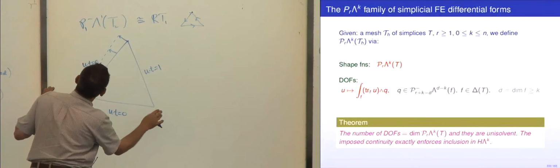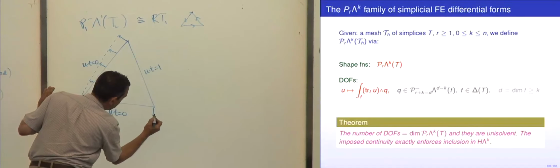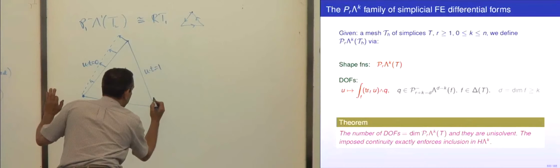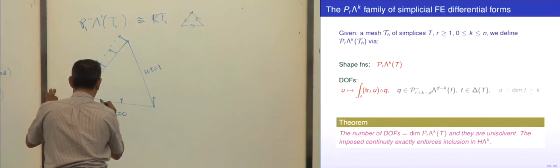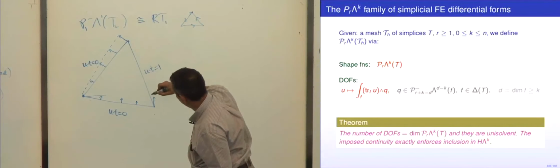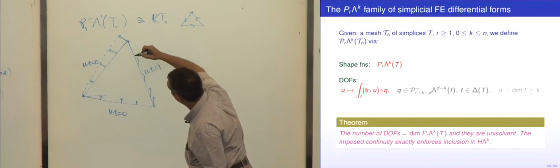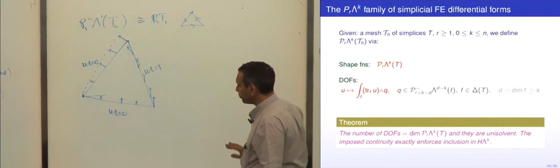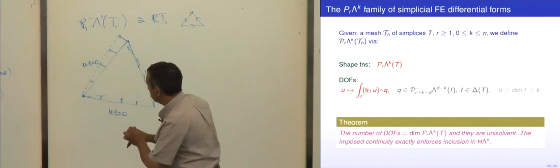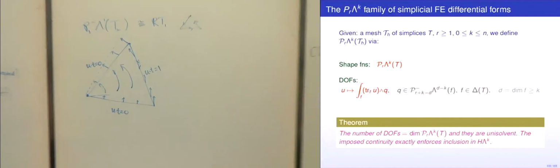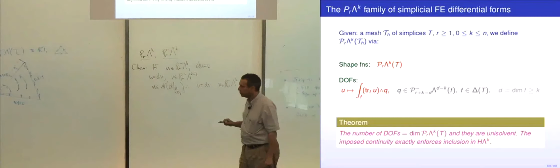It has to be normal on this edge, so it has to be something like that, except it's going to be up, actually. It's going to increase linearly on this edge. And it's also linear on this edge, so between here and here, it has to be linear. So we have this sort of thing that's basically a flow that looks like that. That's the basis function for the Raviart-Thomas space.